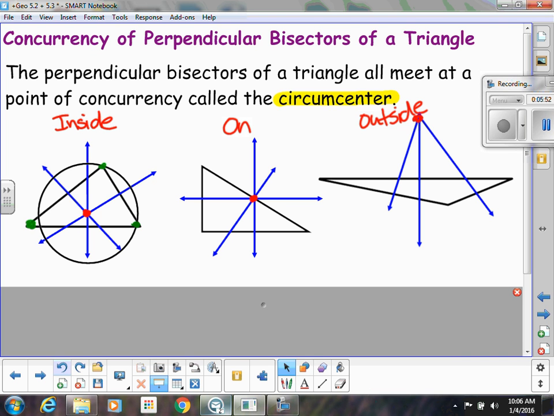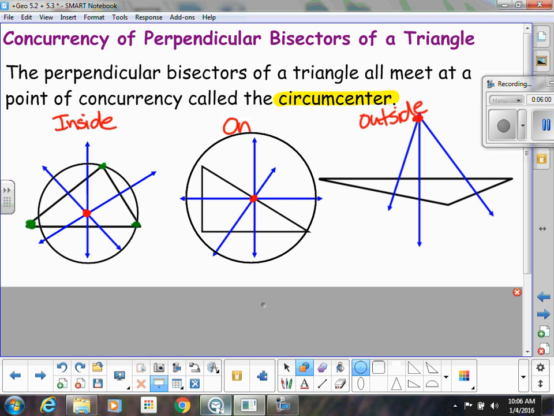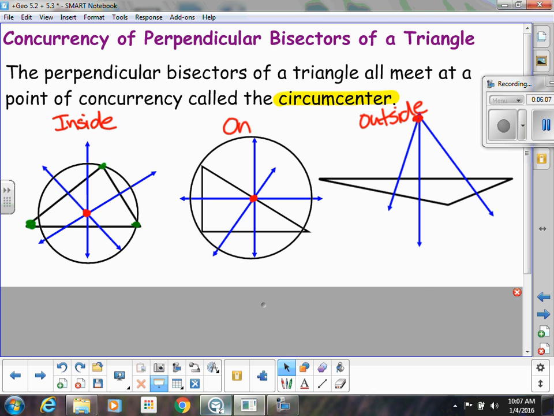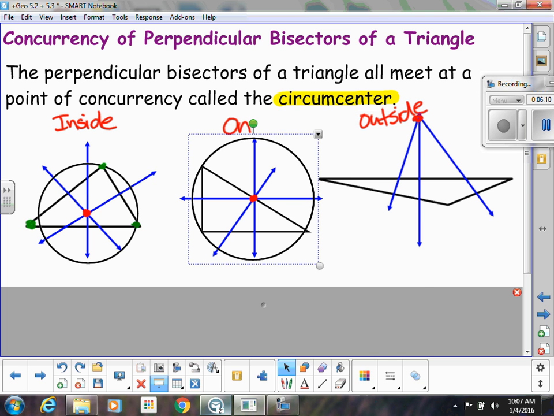Maybe I'll have better luck with this one. Maybe this is drawn more accurately. Okay, that one's not too bad. Maybe if I move it over a little bit. Yeah, that's a little better. So again, that is the center.